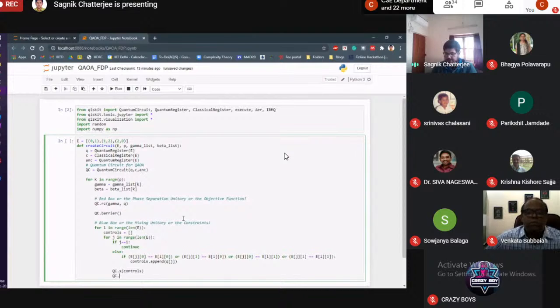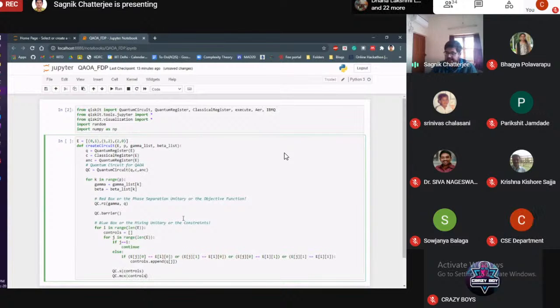qc.mcx, so we take all the controls and we hand them into the ancilla qubit. Let me put this in writing here: say if the jth qubit is a neighbor of the ith qubit and is already 1, then qc.x will make it 0.